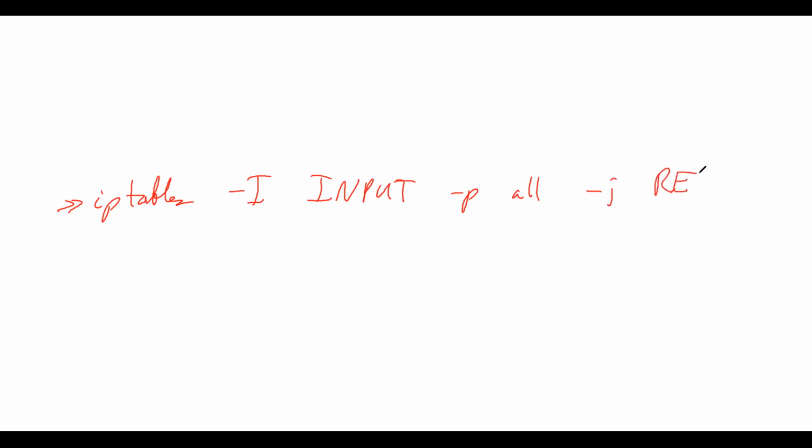Now, when you use reject, which we mentioned lets you send a little message, we could do iptables -I INPUT -p all -j REJECT --reject-with, so you send a little message, and the message would be something like icmp-host-prohibited.